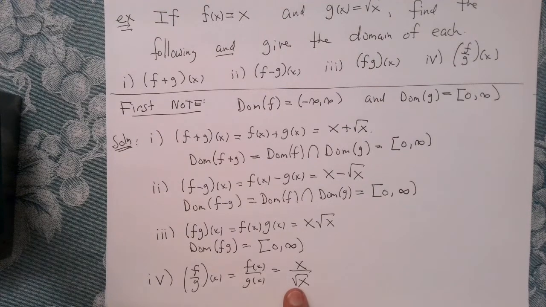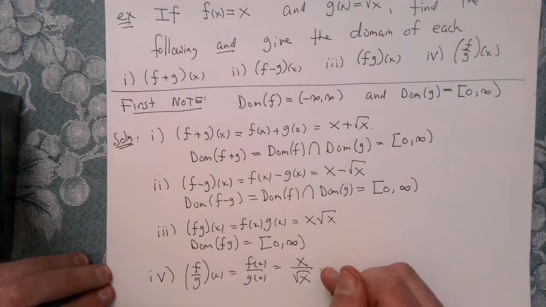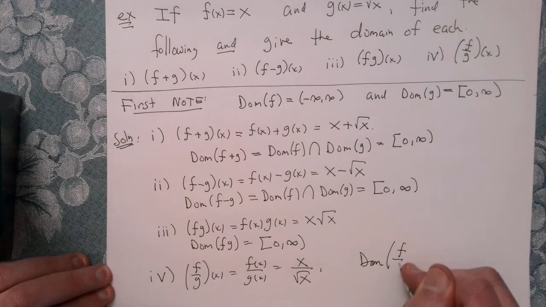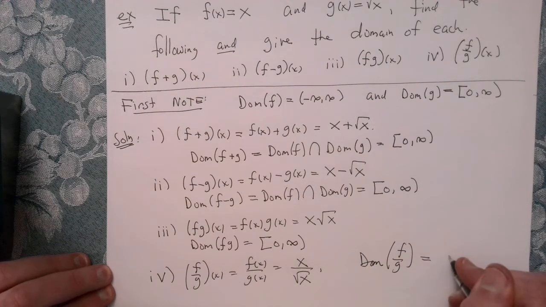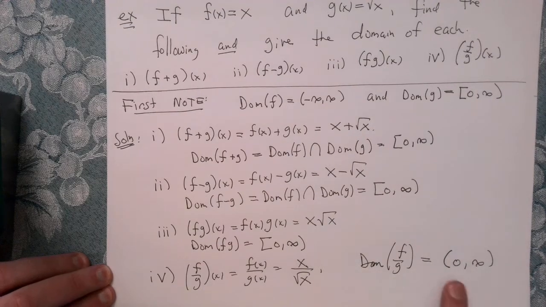So we can't divide by 0, so there's no way I can include 0. And since that's a square root, again, even if we reduce, I can't input a negative. So the domain of f over g is the open interval 0 to infinity. Hopefully that makes sense, because again, I can't divide by 0, and I can't input any negative numbers here.